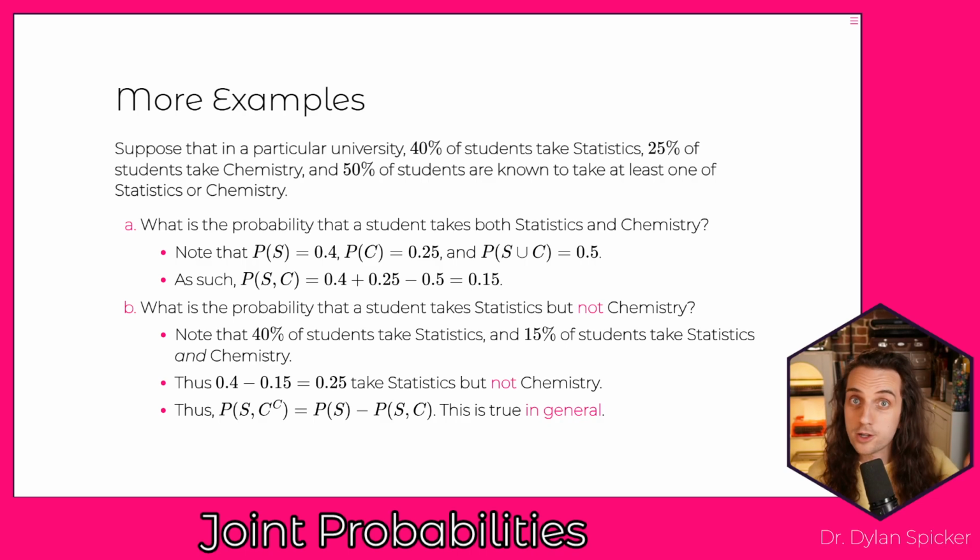So that 40% contains that 15%, it's considered in both. But what that means is that the rest of the 40% has to be students who did not take chemistry. So 40% minus 15% gives us our 25%. And so we can reason through this either by thinking about the scenario directly or by sketching it out with our Venn diagram to come up with the rules.